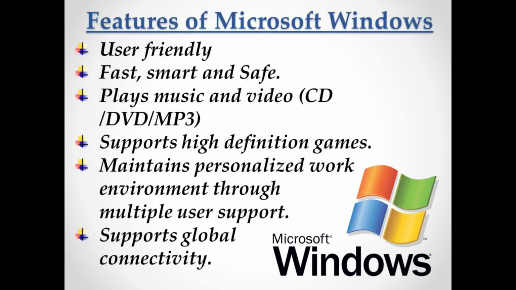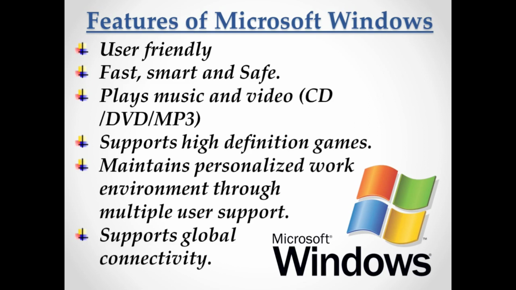Now, when we come to the features of Microsoft Windows, or any application it may be, what is the first thing that comes to our mind? It should be user-friendly so that it will be easy for us to operate. And it should be fast, very smart and also safe. And what else would you like to do?